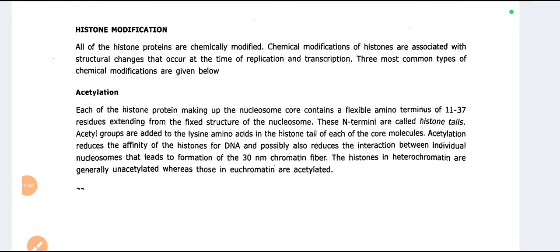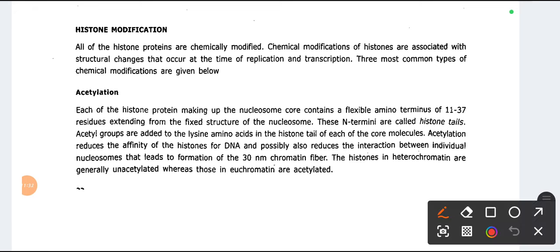Coming to histone modification: all the histone proteins are chemically modified, and there are structural changes which occur at the time of replication and transcription. The most common types of chemical modification are acetylation and methylation.